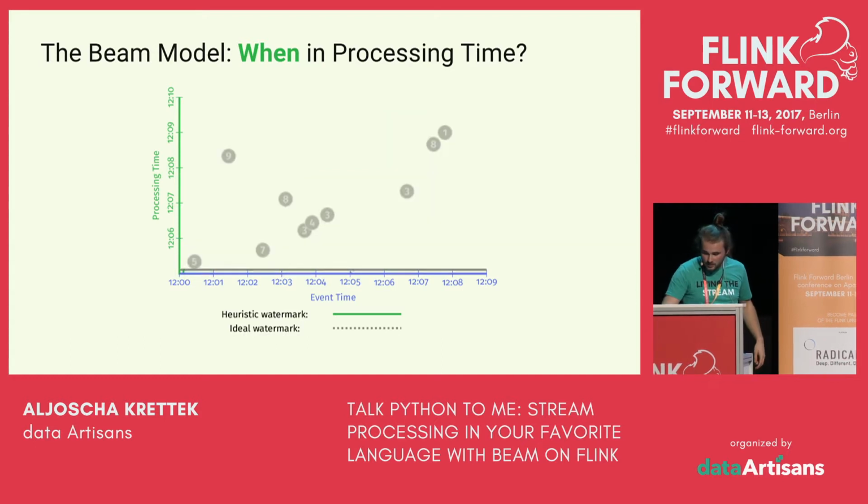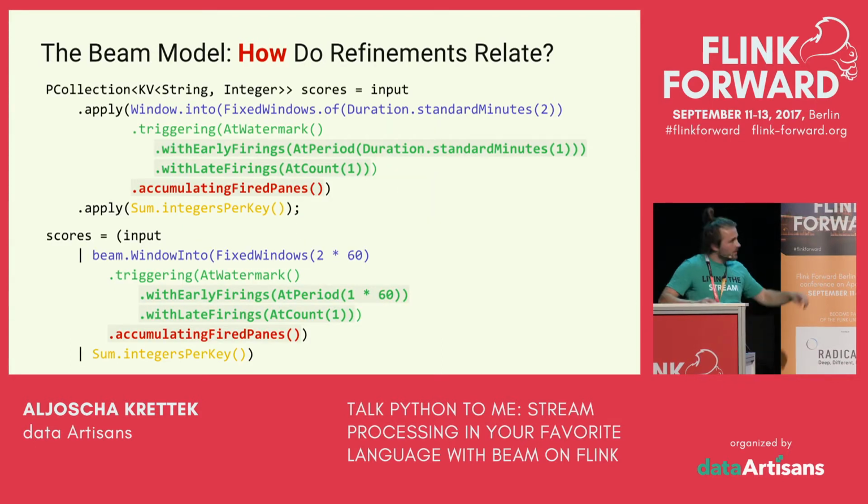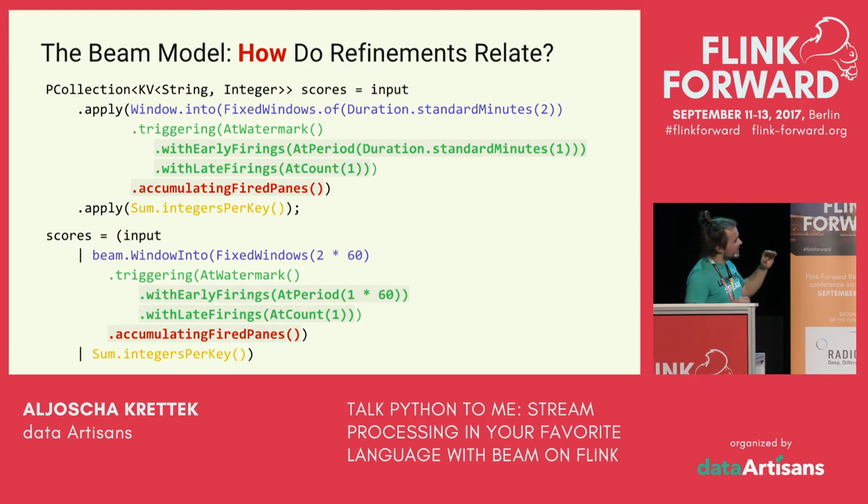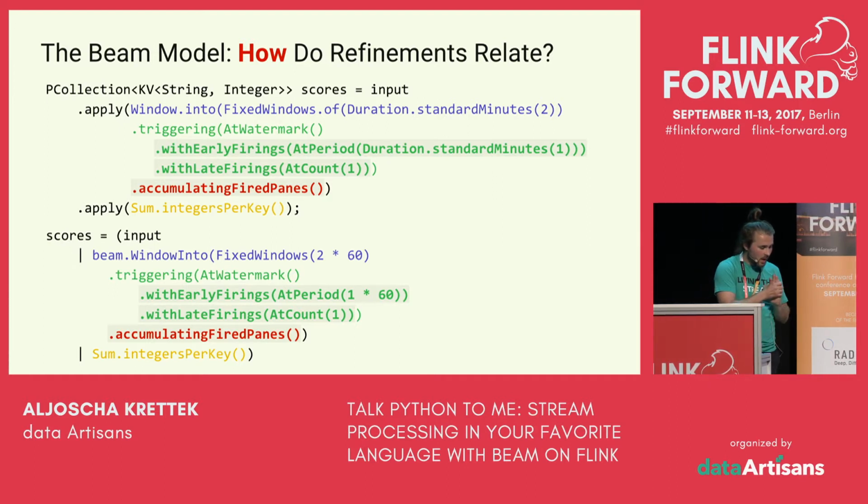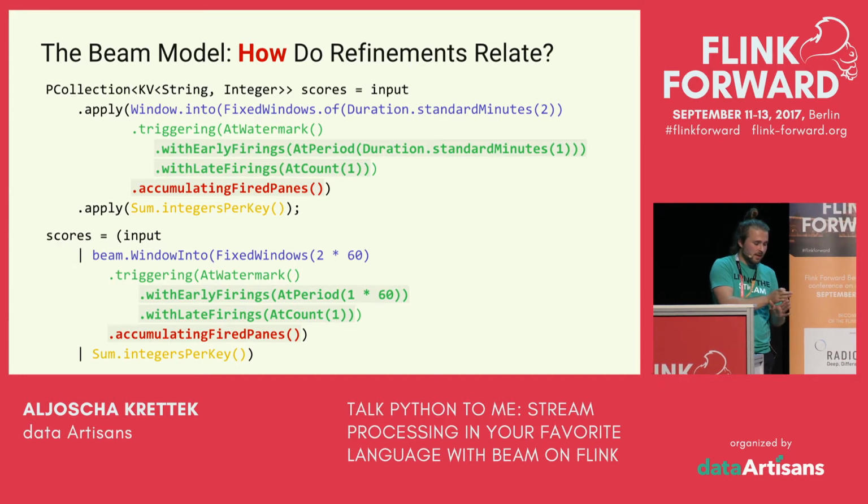And this is actually where the fourth question comes in, the how. So by now, this is becoming quite colorful, but we built this up slowly. So the how specifies how subsequent results for a computation of a given window relate.